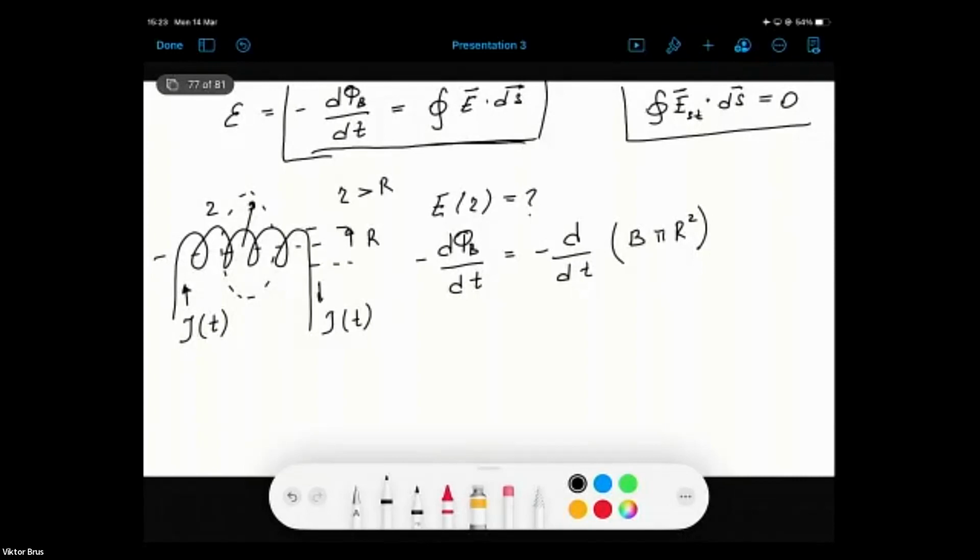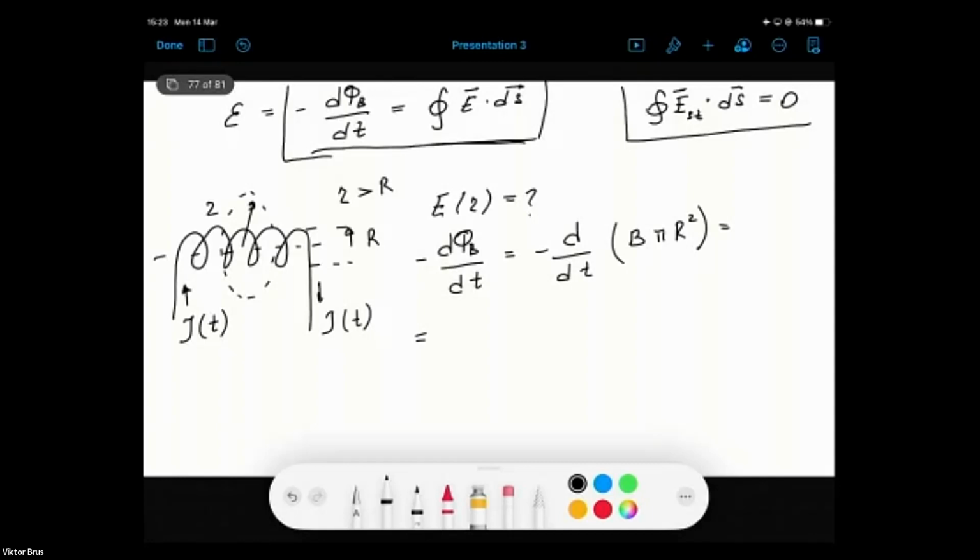So we can take out constants from this derivative. It will be minus d over dt. Sorry, first our constants. Let's write it here.